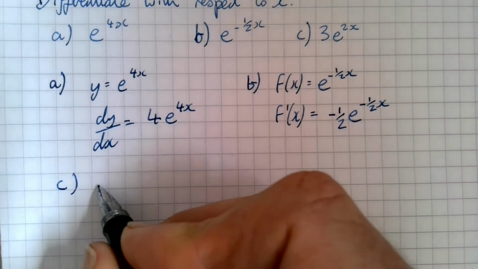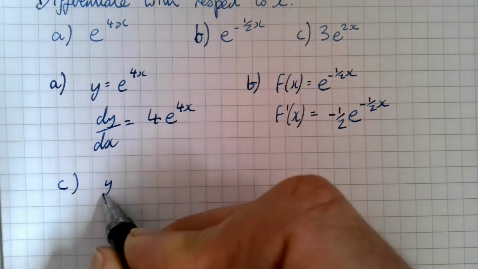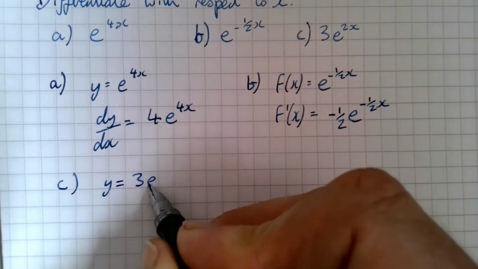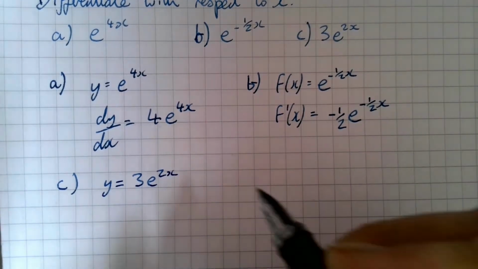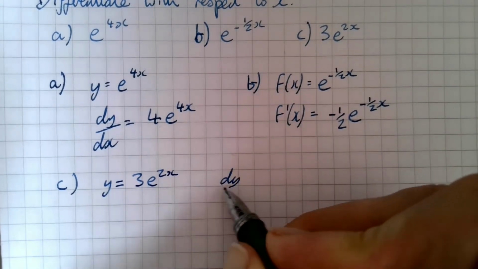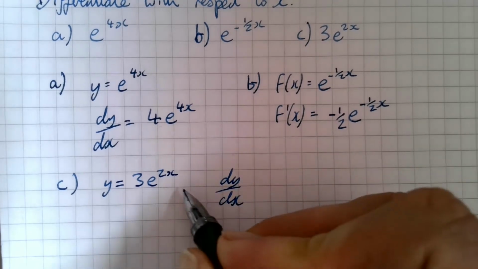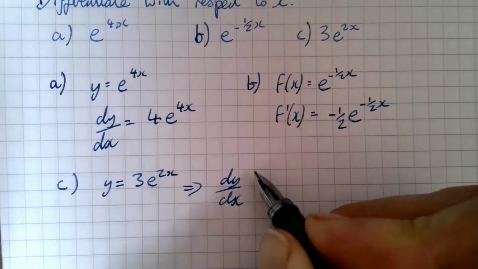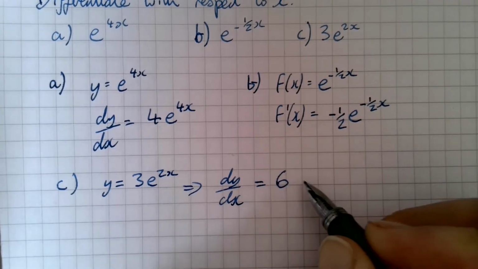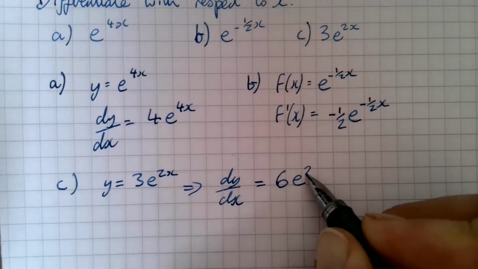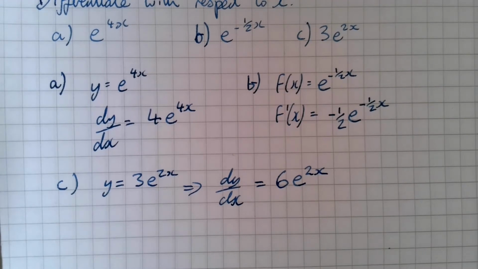For c, y equals 3e to the power 2x, and that means when we differentiate that, we multiply by the 2. Well, 3 times 2 is 6, so it'll be 6e to the power 2x, and that's all there is to those.